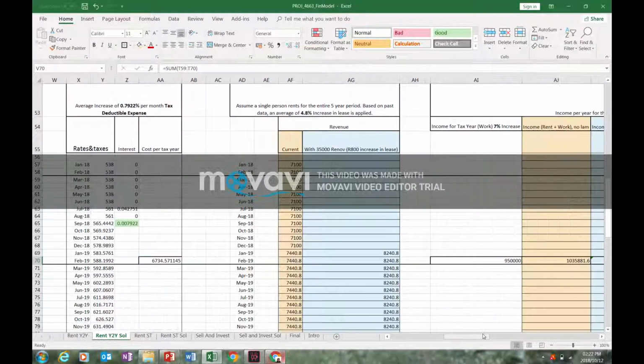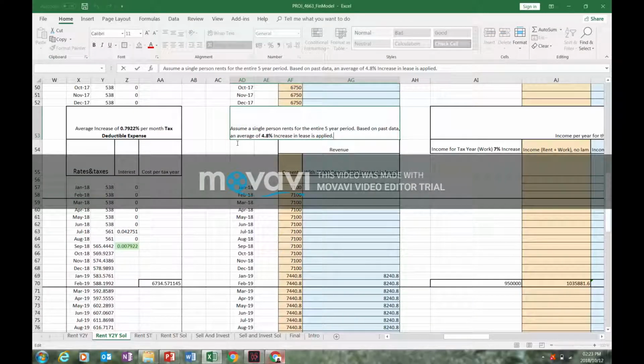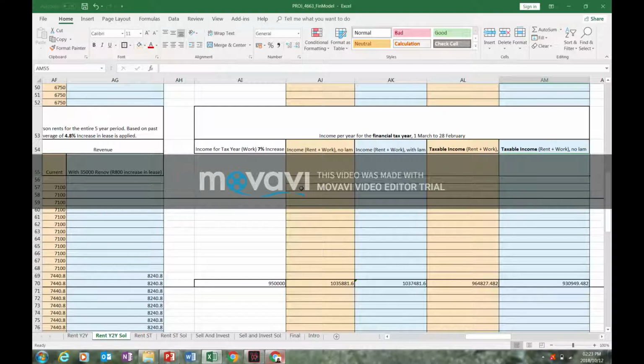Then we have our rental income with a 4.8% increase, which is just the average increase over the last 4 years. The assumption is made that the same person stays in the apartment for the entire 5-year period, so we can't increase the rent of the apartment by 8% per year.